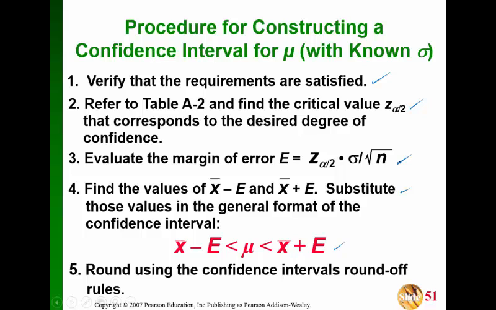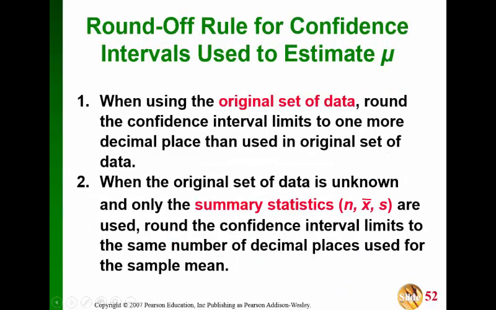And then you round off using the round off rules, which would be 1 decimal place past the original data set, the same as the descriptive statistics that we've had before, if you have the original data set. In the homework, they always tell you how far to round off.